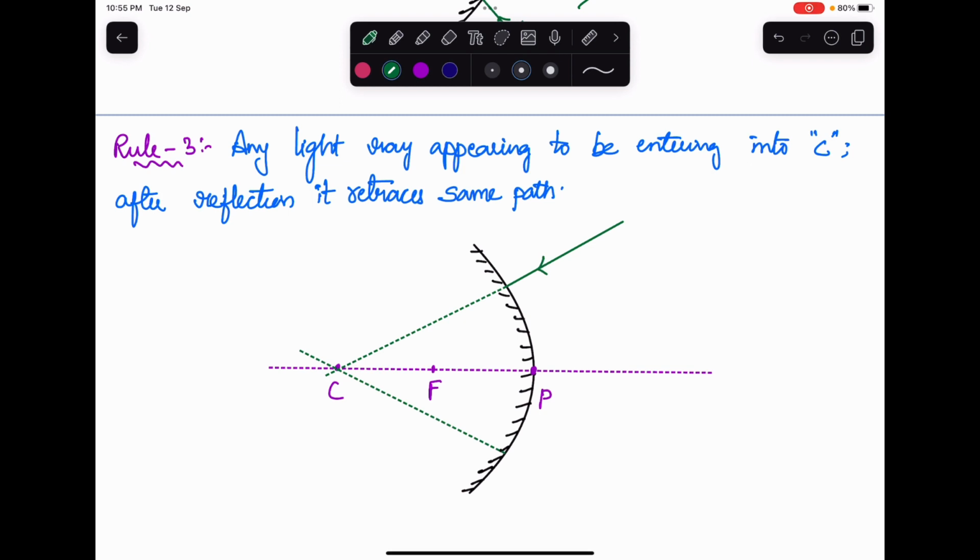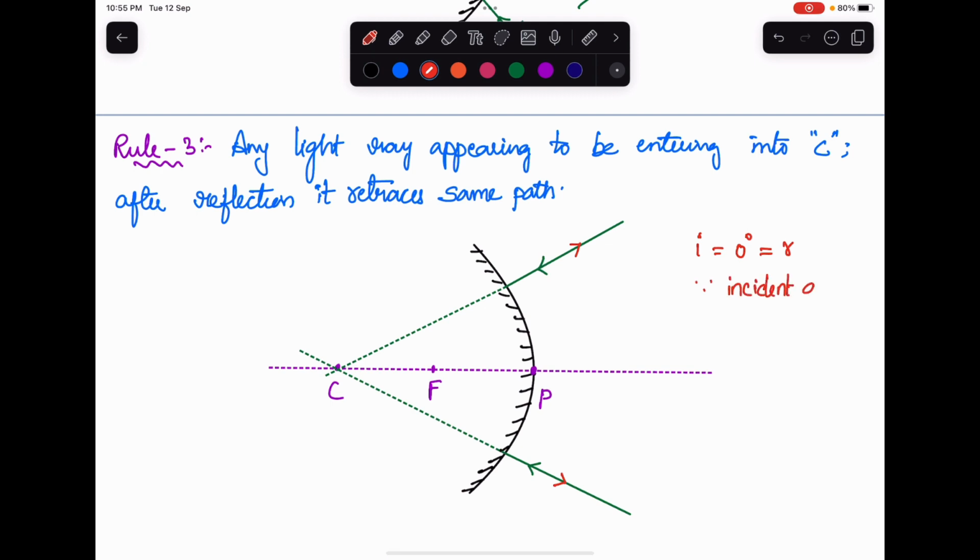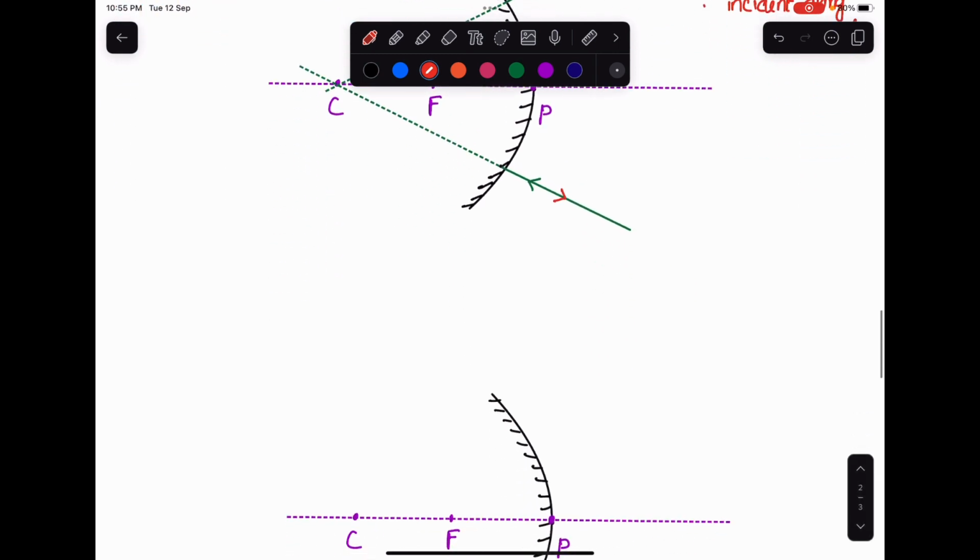Therefore, any light ray appearing to be entering into center of curvature, based on our rule that angle of incidence is equal to angle of reflection, retraces the same path when it is incident along the normal. So I can say i = 0 degrees = r, since it is incident along the normal. The same old reason. Okay, good.